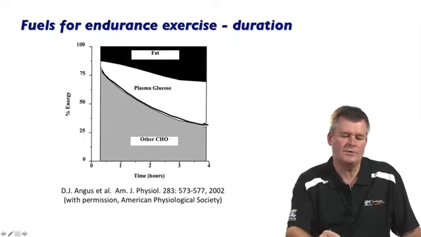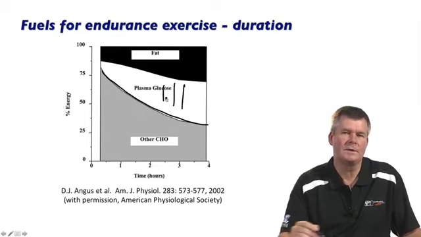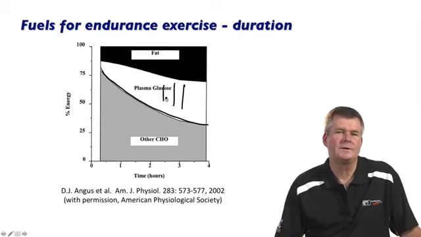There's an increase in the contribution of plasma glucose and an increase in the contribution from fat. But eventually, at this exercise intensity, the rate of carbohydrate oxidation falls to a level that means that the subject is unable to maintain this level of intensity. We'll talk more about that in relation to fatigue. But as you can see, over time, carbohydrate oxidation tends to go down and fat oxidation goes up.